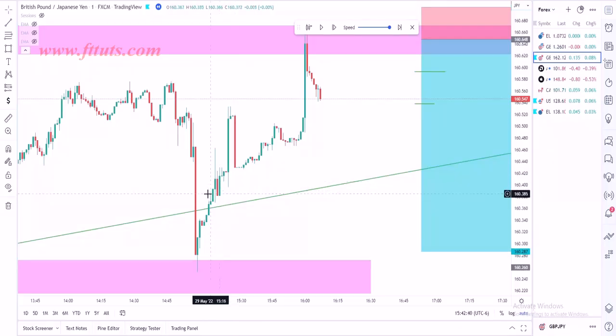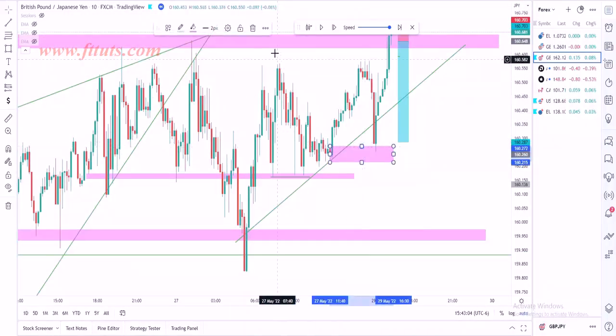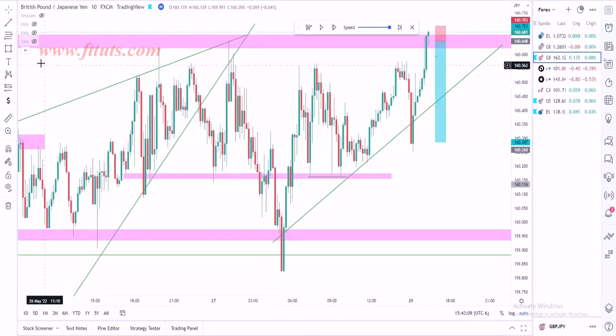So before the structure, our structure was right here. Yeah, so it did break some structure. And then our order block would have been right here because this is the sell before the buy that has not been mitigated, or price hasn't come up and then come back down and tapped it. And it has not come back. Okay. Actually, that one came back right there and tapped it.